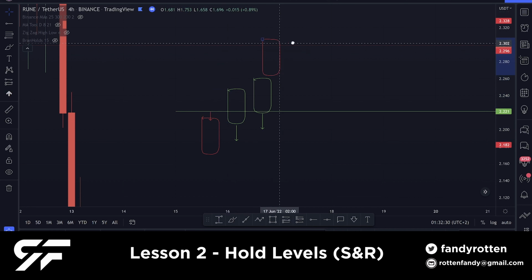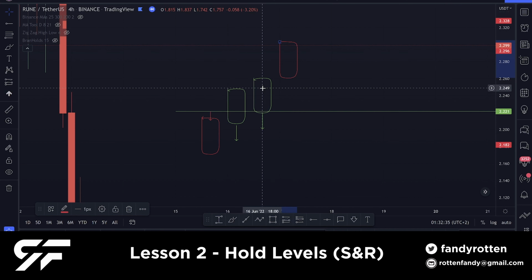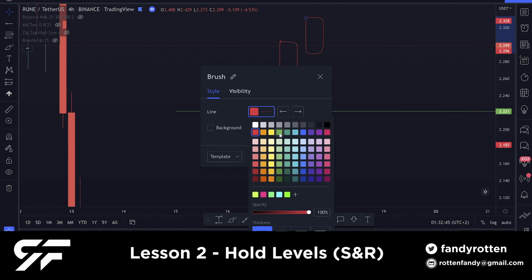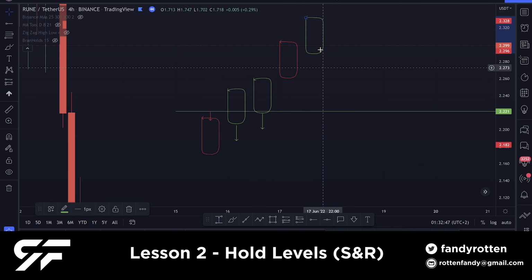The hard close can happen anywhere after the hold itself, okay? So imagine there's a red candle over here, and then eventually at some point right above the level we have a green candle, which is the hard close confirmation.